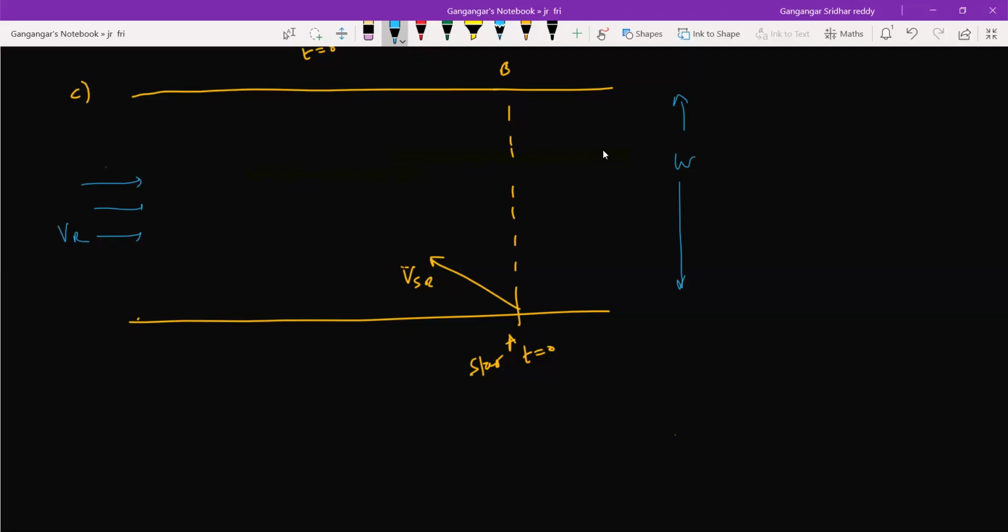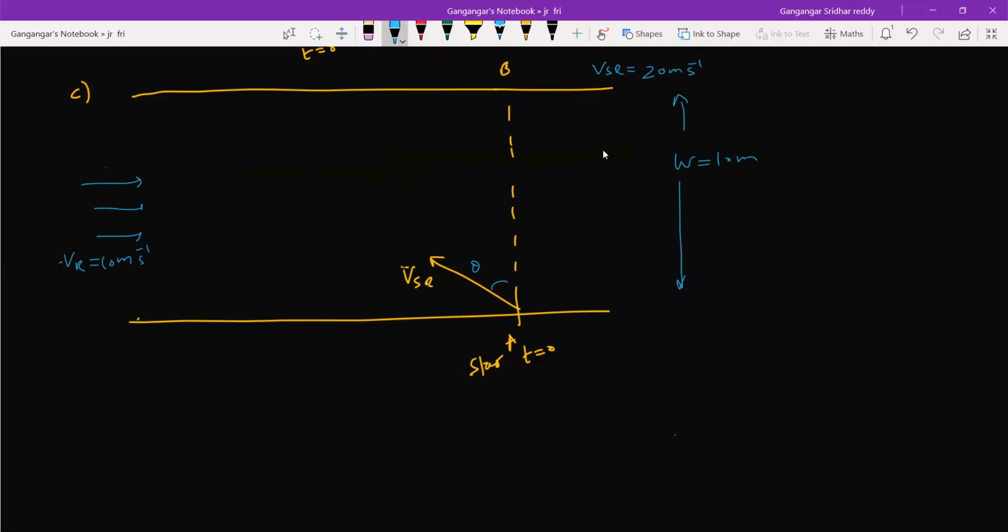In this case, it is 20 meter per second. The same thing, this is VR. The width of the river is given as 10 meter. Theta is 30 degrees, and the value of VSR is 20 meter per second.